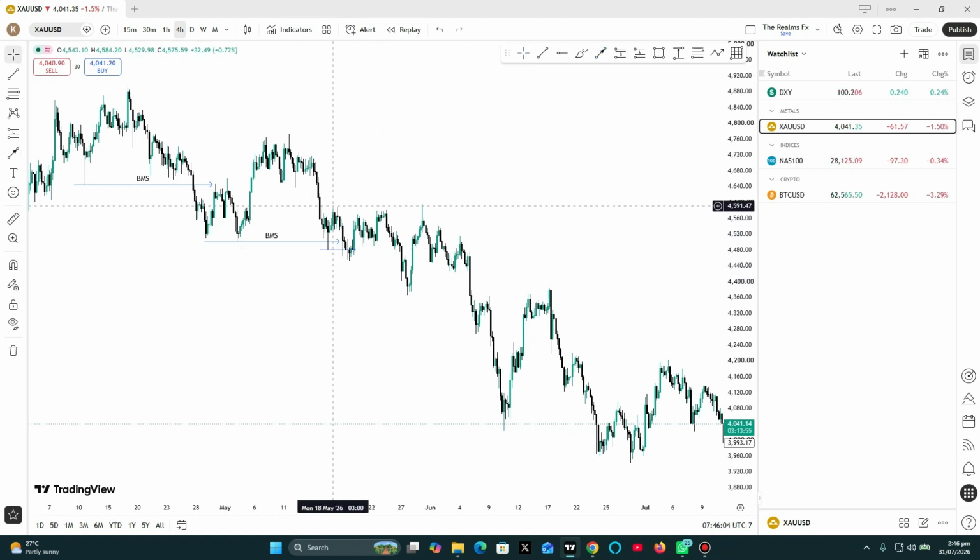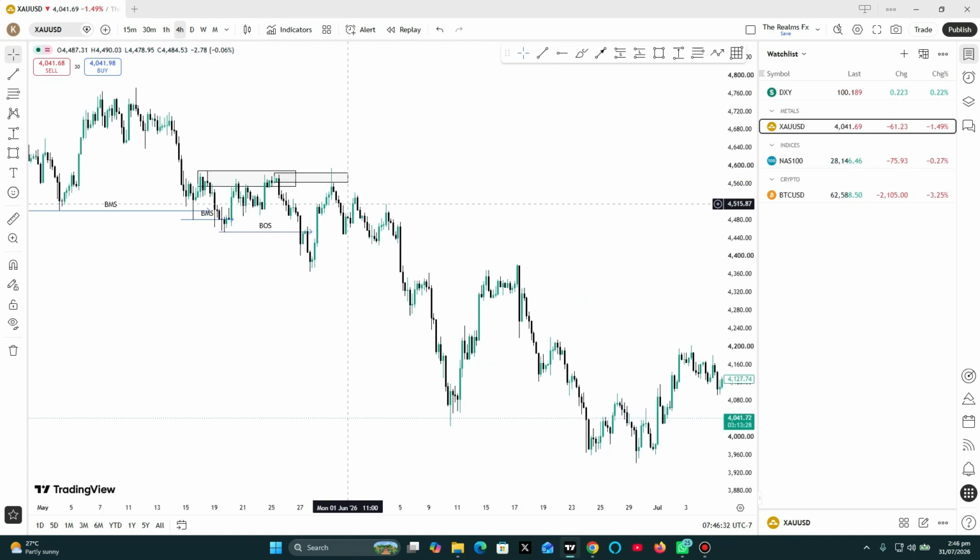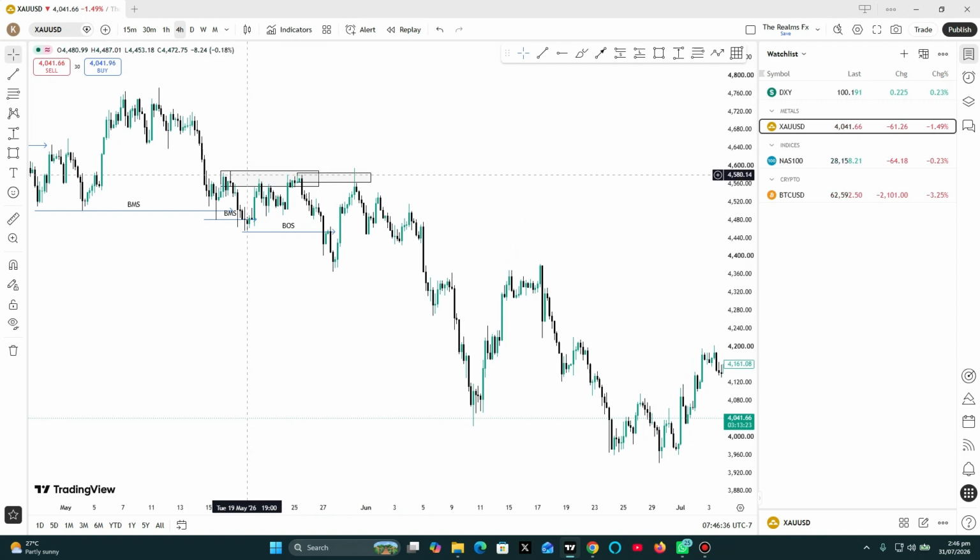You can see that when price broke this level, it went up, came down, broke again, another BMS right here. Then price retests its zone, the zone that began the move that broke the structure, and then it sells off again. Then it breaks this current level's structure again, another BMS. Then what does it do? It retests this point. It grabbed liquidity though, but that's also a reason, because there's almost something like equal highs over here.